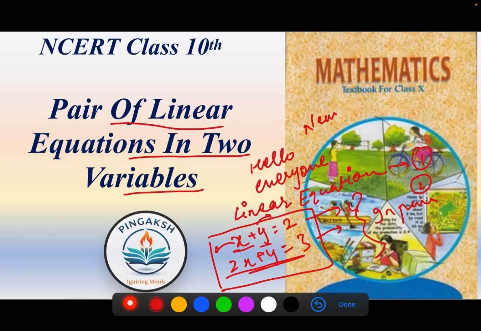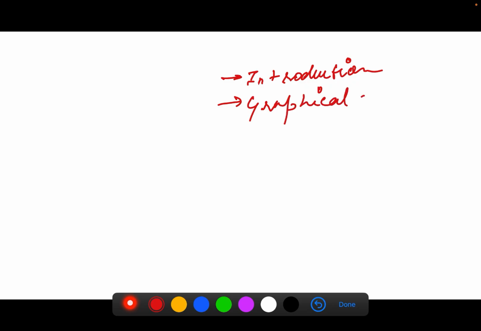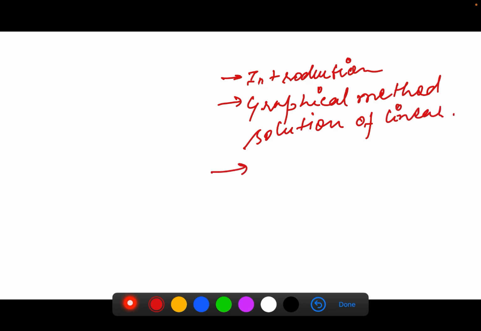In this video I am going to talk about the introduction, then look into the graphical method to understand the solutions of linear equations in two variables. Then we find the solution, that is, the values of x and y in these two equations.